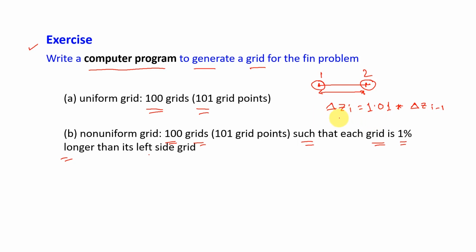But in other parts where we know that the solution will not vary much, just like we were looking at for large M, theta remains 0 for a large part of the fin. So in that case, we really don't want to take a very fine grid in the parts where theta equals 0. It will not give us any more physical information. So in such cases, we can take a non-uniform grid, which will save us computational time. So you can try writing a few lines of program and generate a non-uniform grid.